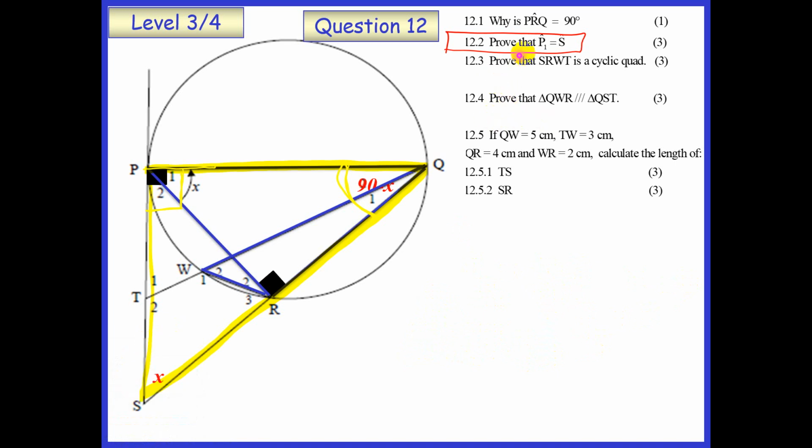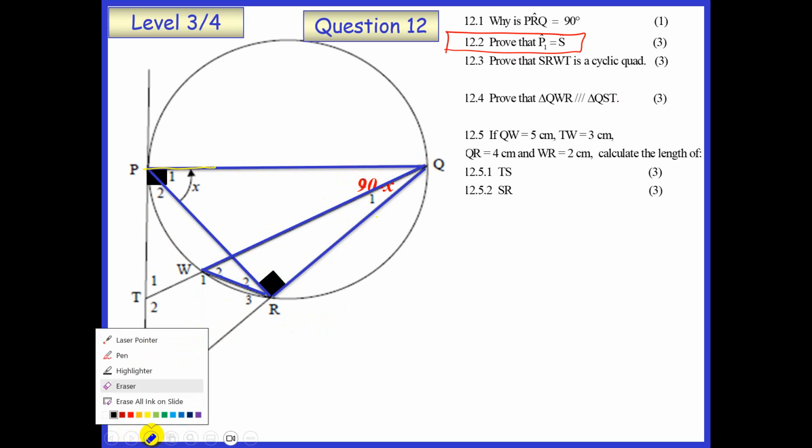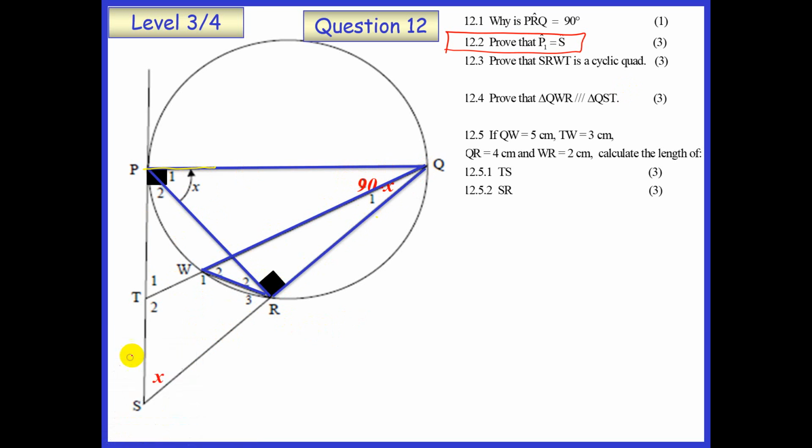So we finished 12.2. We're going to prove that SRWT is a cyclic quad. You'll notice I've highlighted that for you in blue. What we can do there is, let me just erase the yellow so you can see it a little clearly.